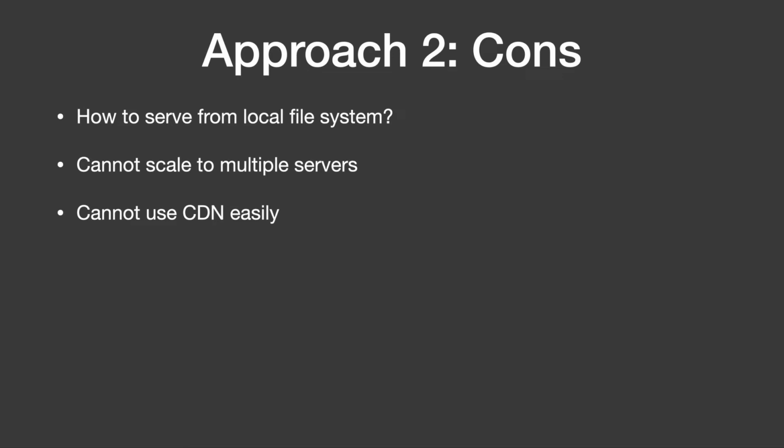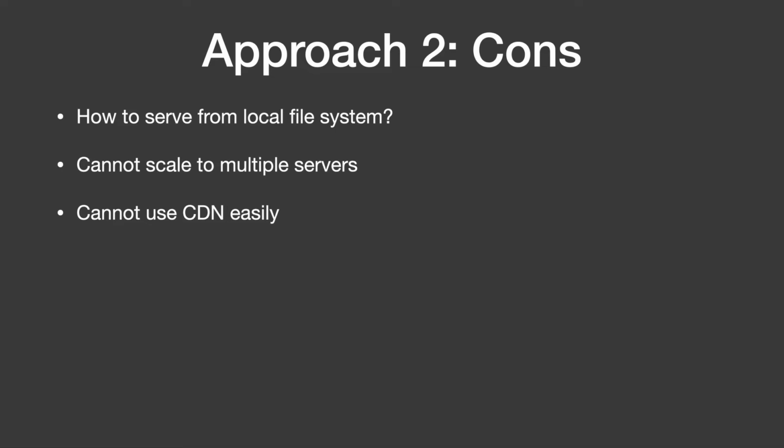The more obvious issue is that it cannot scale to multiple servers. Let's say right now you have one machine only, and you're storing all these images in your one machine. However, the way it works nowadays, your backend tends to scale up and down. So at any point in time, you can have 100 instances, or you can have 5 to 10 instances.